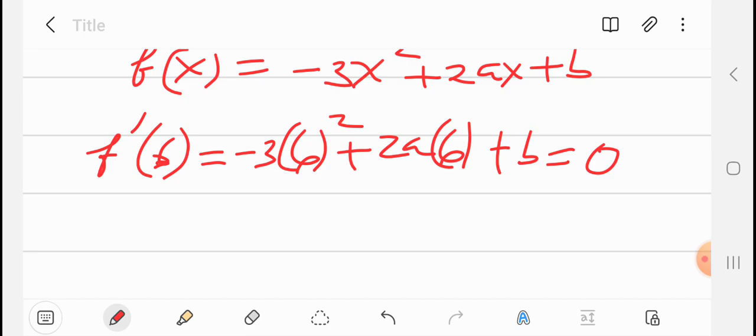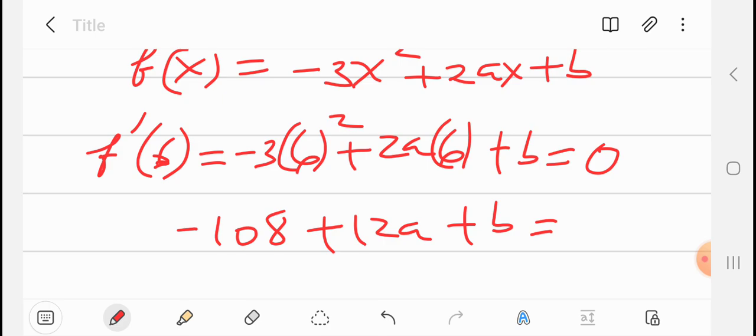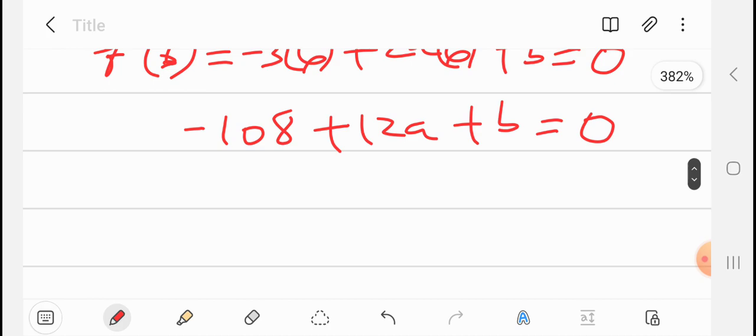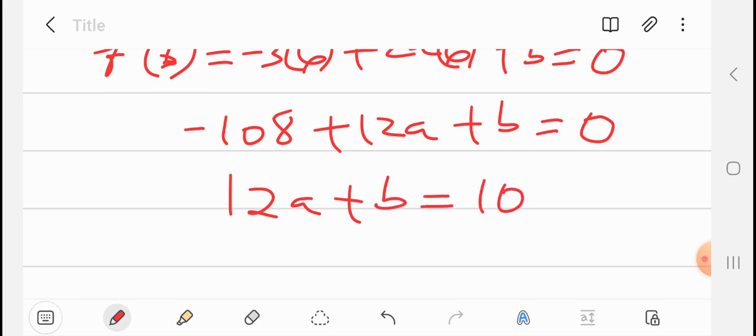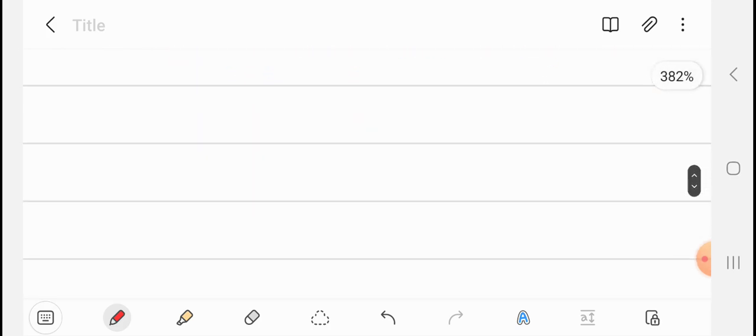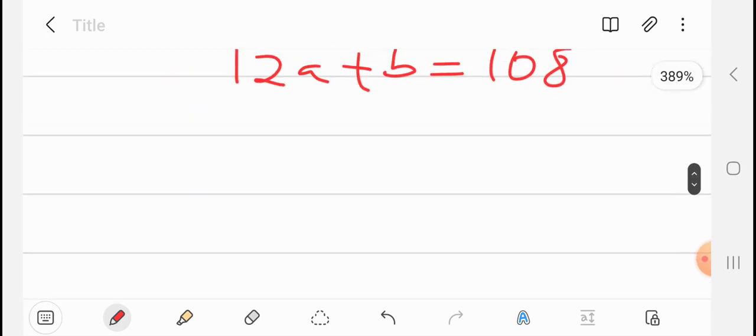At the turning point, the first derivative of the function is 0. Okay, and therefore if we multiply all these, it becomes minus 3 times 36, because 6 squared is 36, giving us minus 108 plus 12a plus b, and this is equal to 0. We continue with the simplification, getting 12a plus b is 108. Now we proceed to consider the two equations we've thus obtained.